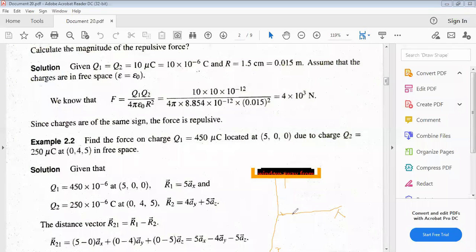Let us say this is 1, 2, 3, 4, 5. At this point 450 microcoulombs exists. This is the point Q1, let us assume.